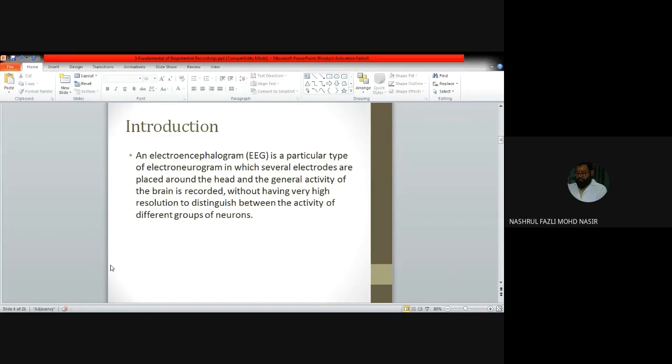So they have a system for how many electrodes they should put and where, similar to what we have for ECG. We are trying not to have a very high resolution and not to distinguish the activity of different groups of neurons. So this is the why.